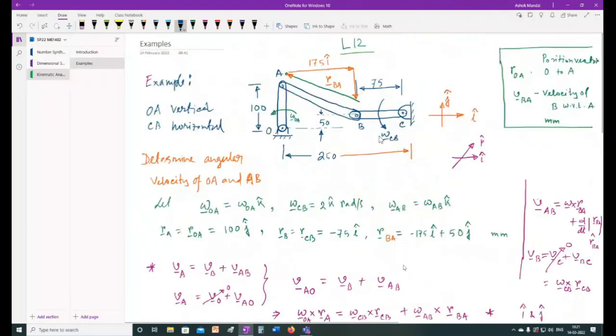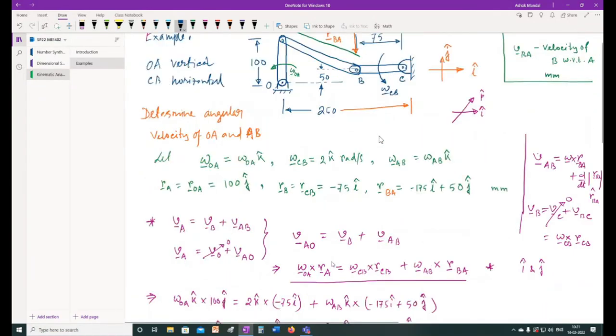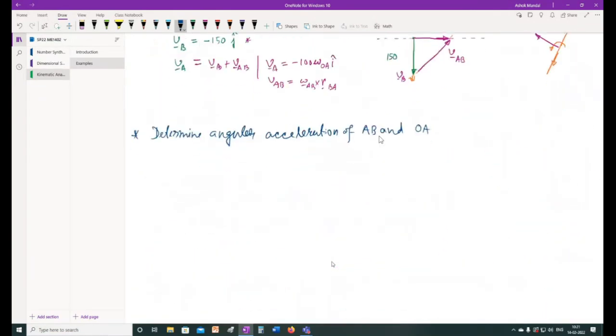So, up till now, we have done the velocity analysis. Now we'll do the acceleration analysis. We'll do the same thing. Here also we will write what is the acceleration of point A. Let me draw the same figure here so that it is easier to refer.